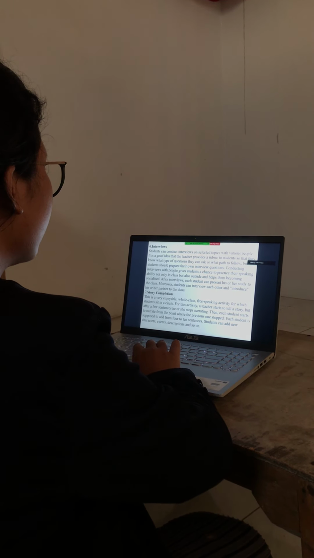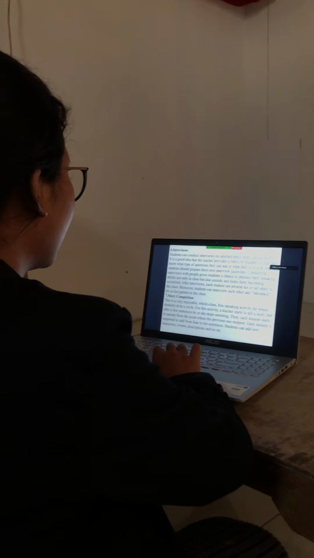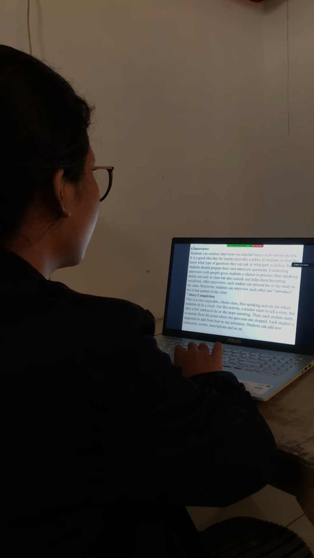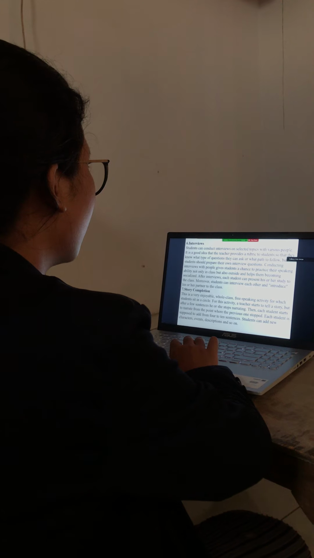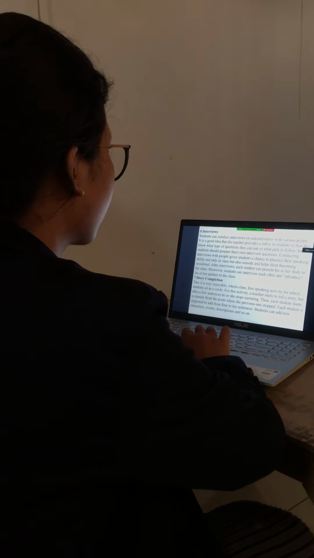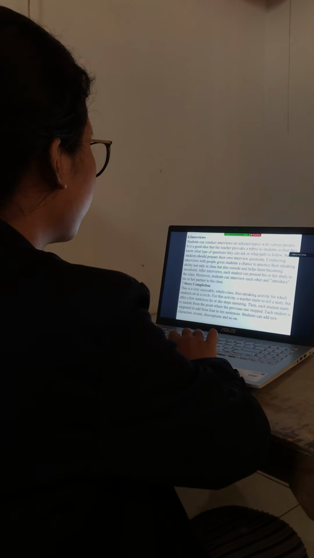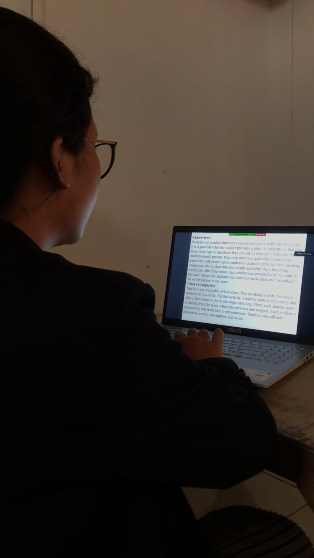Number six, interviews. Students can conduct interviews on a selected topic with various people. It is a good idea that the teacher provides a rubric to students so that they know what type of questions they can ask or what path to follow, but students should prepare their own interview questions.